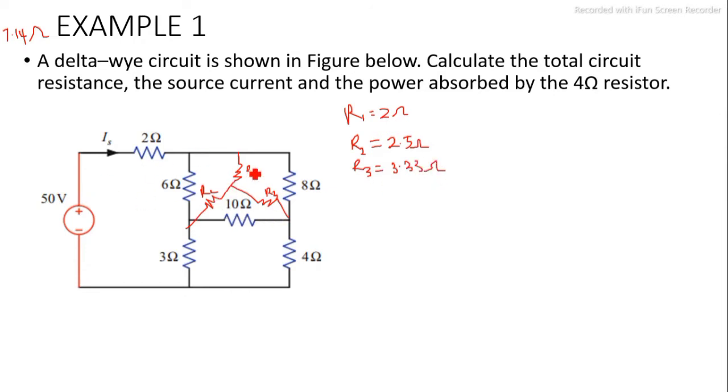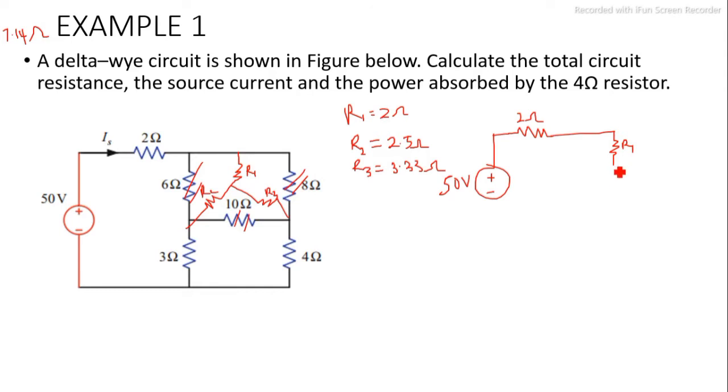Instead of using the Y facing up, you can use any of them. There's no way of facing a Y that is not correct. You can even face it in this direction and you still get the same answer. So let's look at this. Plus minus 50 volts. Then you have your 2 ohms there, going to your R1.